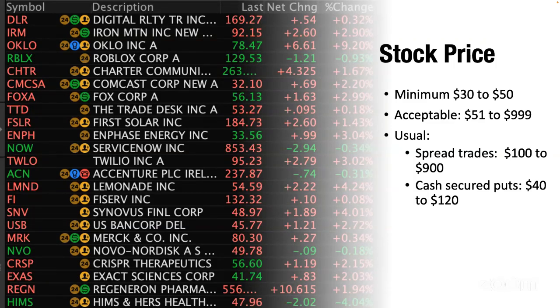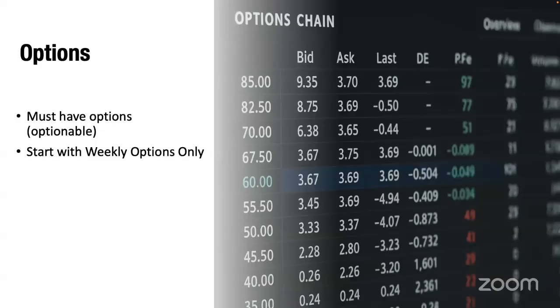And obviously, we're trading anything from $50 to $1,000. The usual, we have spread trades in the $100 to $900 range, and cash secured puts in the $40 to $120 range. But if you want to keep out the $5, $2 over-the-counter type stocks, you can put that into your scan stock price. Obviously, they need to have options.